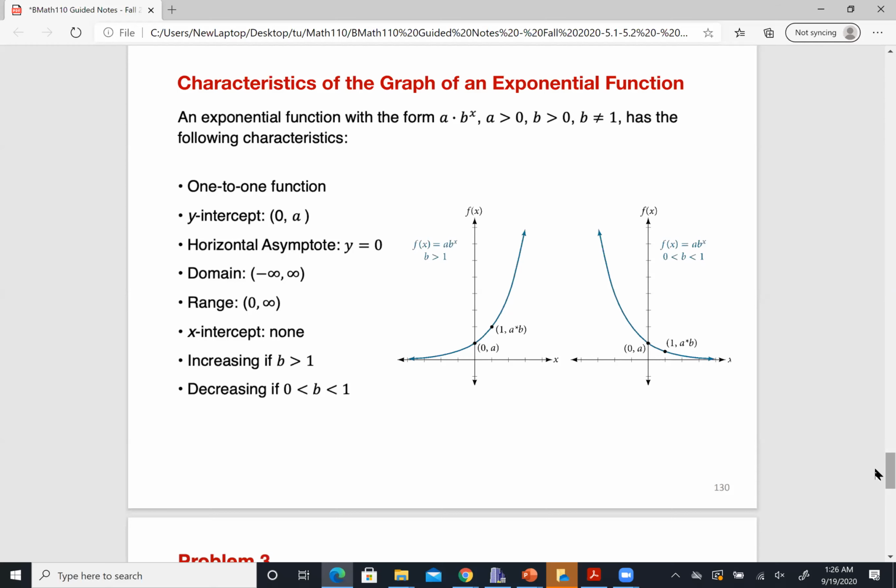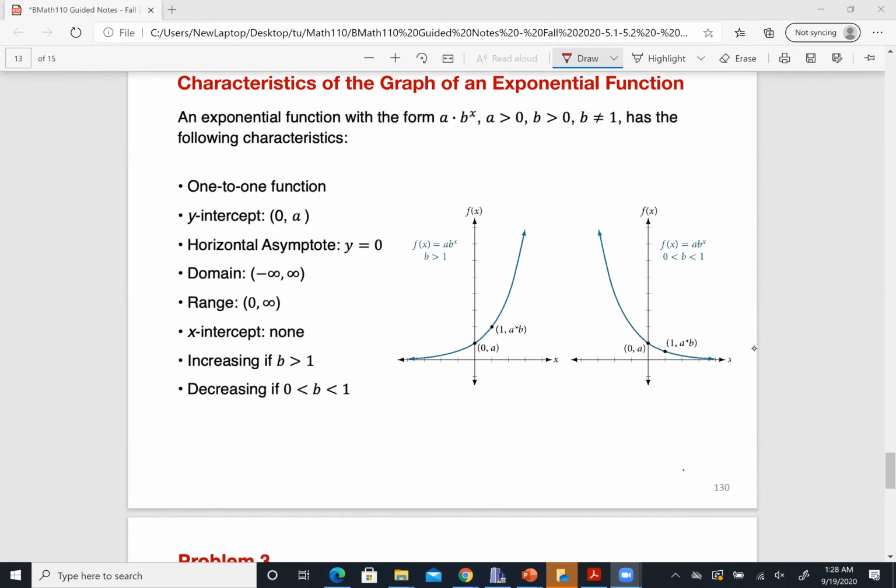Firstly, it is a one-to-one function. The y-intercept is (0, a). And the horizontal asymptote is y equals 0, right?